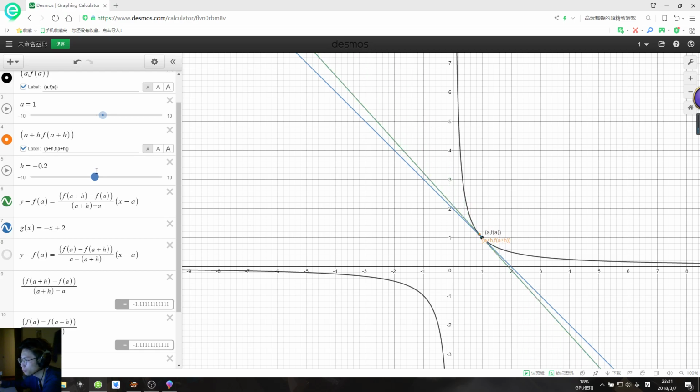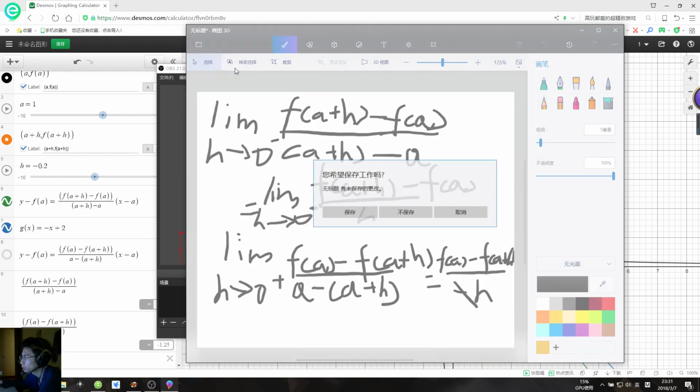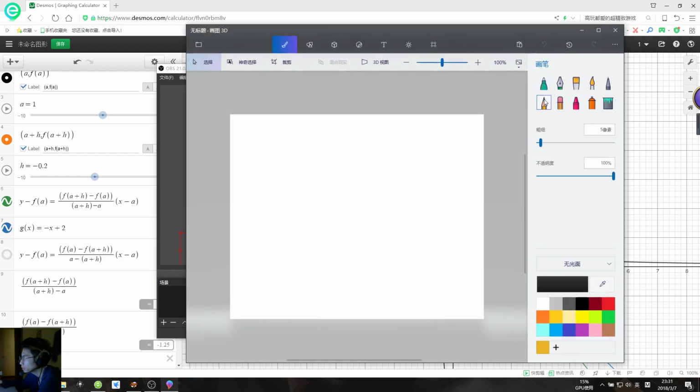It's approaching too. So I can get a formula out of this, which is the m_t, the slope of the tangent, equals the limit as h approaches 0 from the preceding interval.